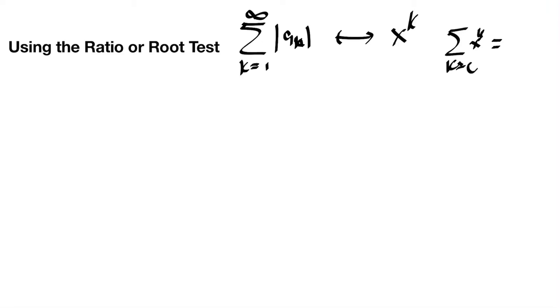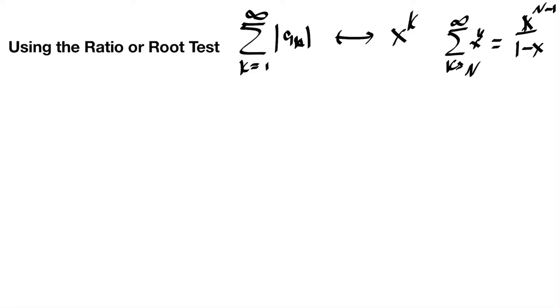as k goes from 0 to infinity is 1 over 1 minus x. But it turns out that if we start at a different value, say capital N, then you end up with x to the capital N over 1 minus x.